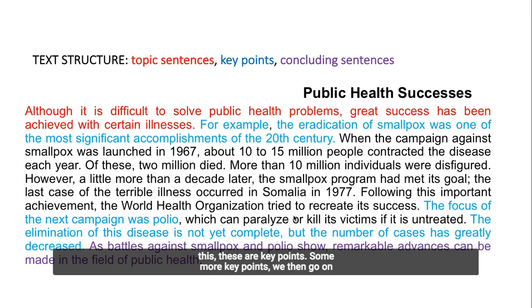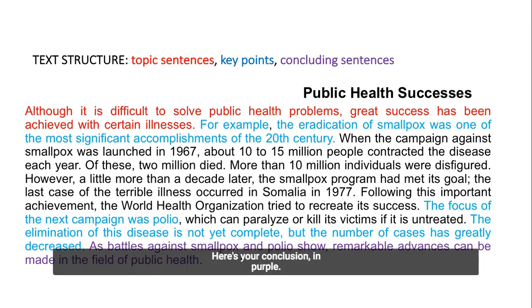Some more key points, we then go on to look at polio. So this is again key information. And the fact that polio has not been completely eradicated or eliminated, but the number of cases of polio has diminished or declined. And then your summary, again, when you're looking for the main points, you're reading for the main ideas.